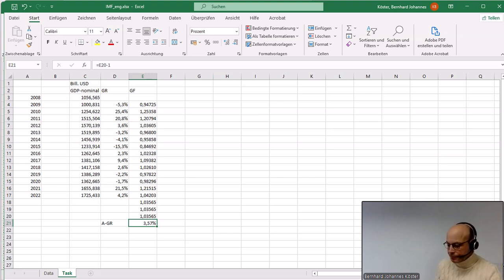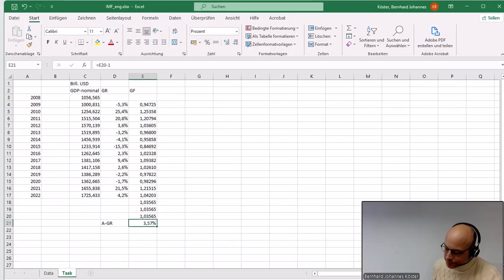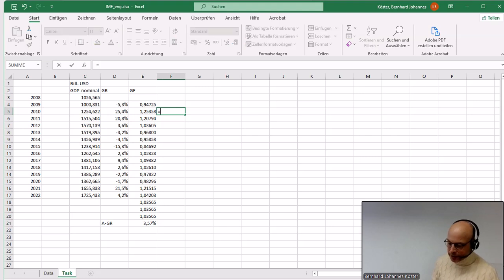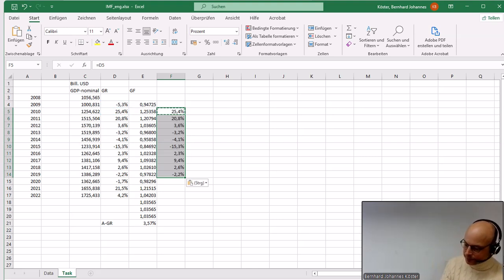Okay, this was the first period I should look at, and then also I should choose the period from 2009 to 2019. Let's then calculate from 2009 to 2019. This would be then these growth rates until this.